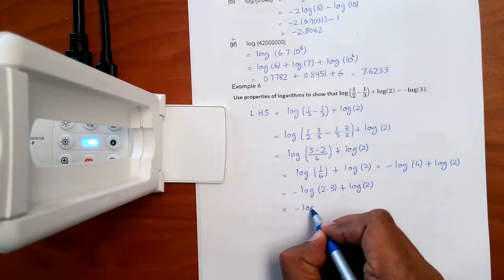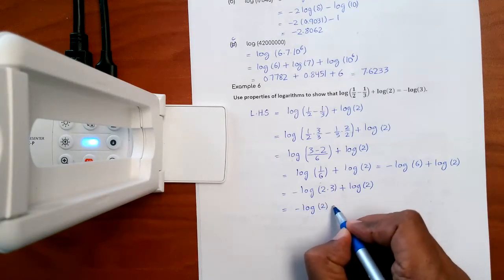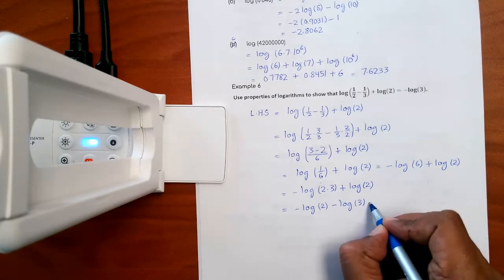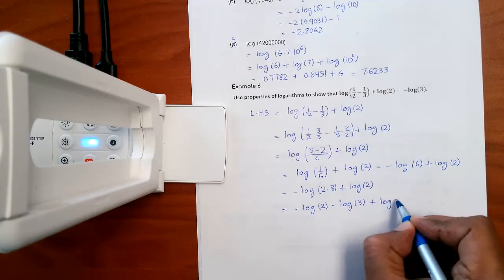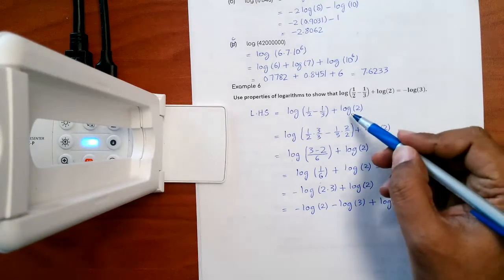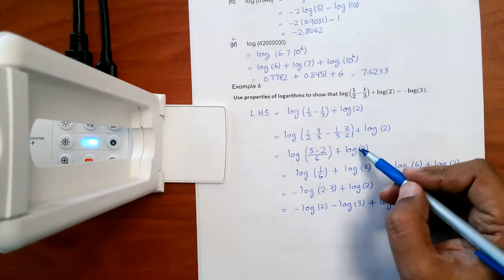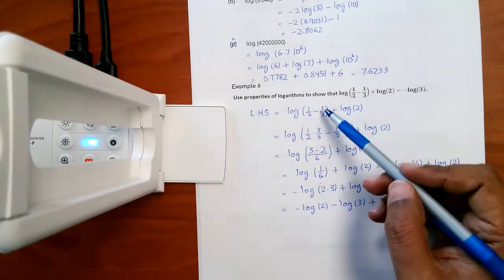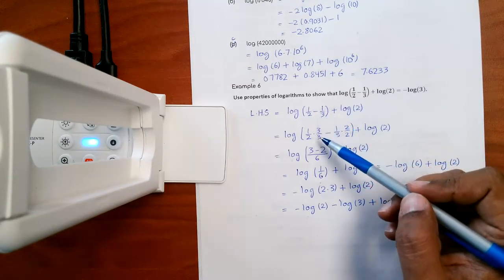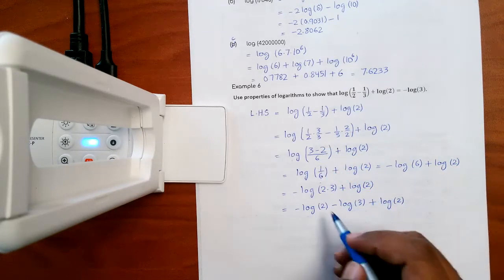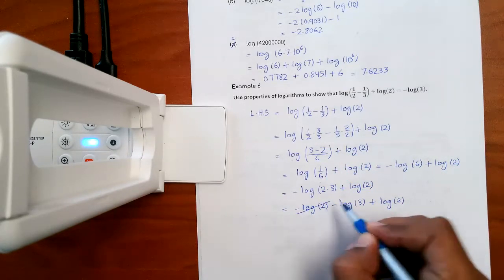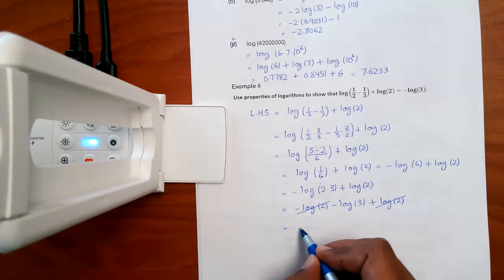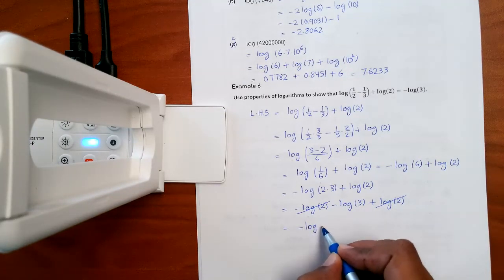We'll have negative log of 2, negative log of 3, and then we'll have plus log of 2. So this log of 2 is just coming along without any further simplification as log of 2. This part we are modifying in every step, and we end up where we have log of 2 and negative log of 2, so they cancel each other out, and we will have negative log of 3.